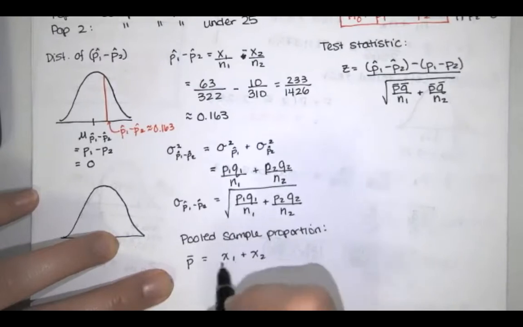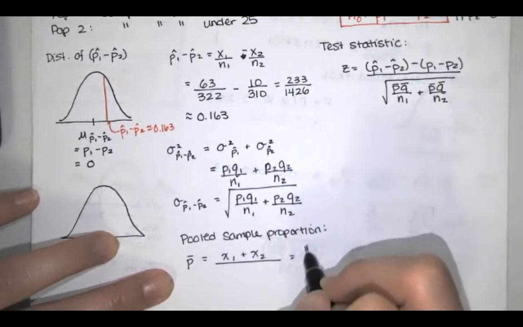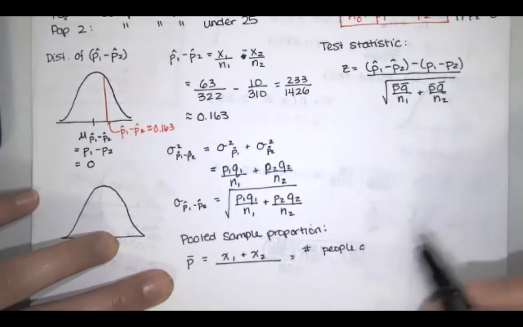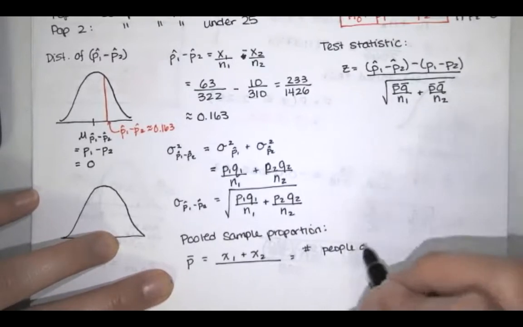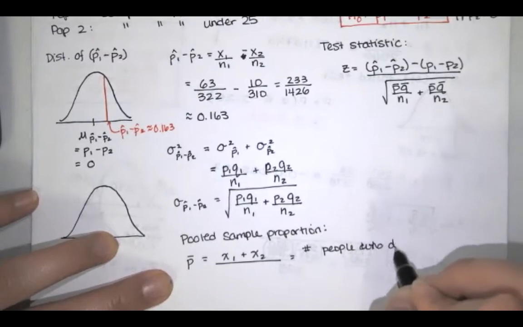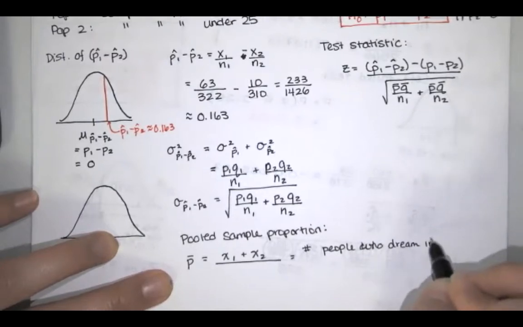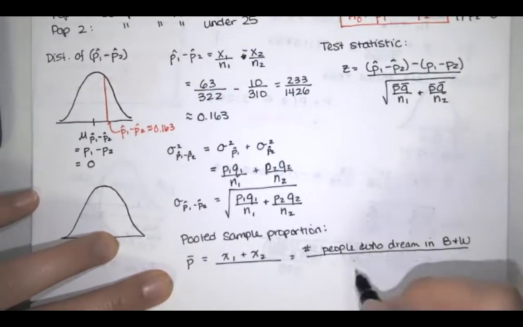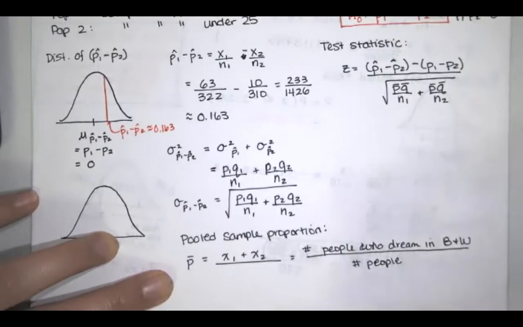Now, P bar is going to be given by the number of people who dream in black and white, divided by the number of people in this larger sample, where we're not really discriminating by age.